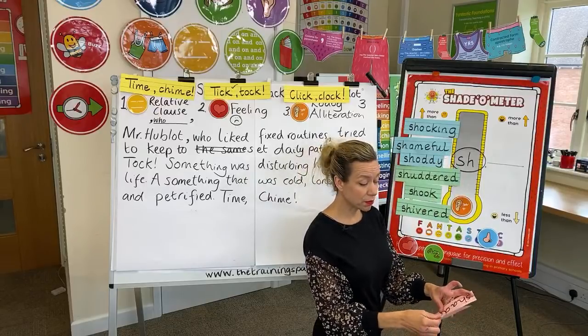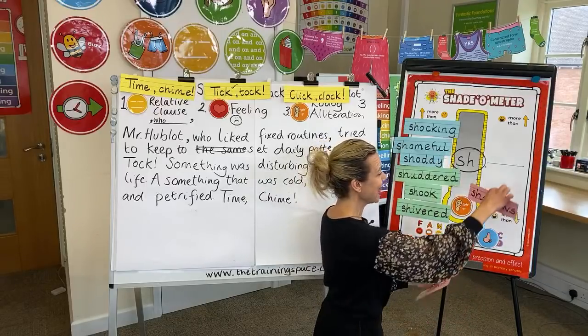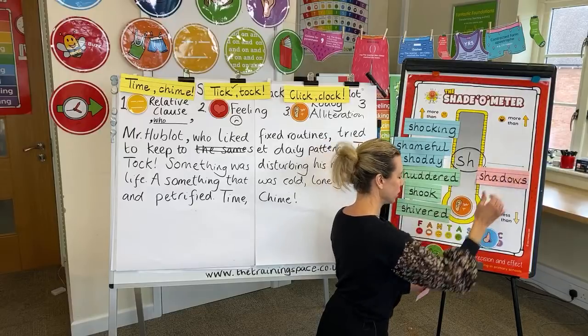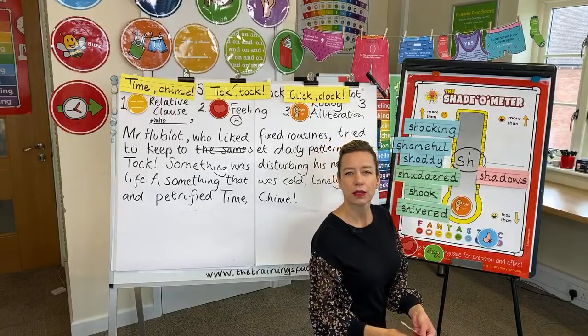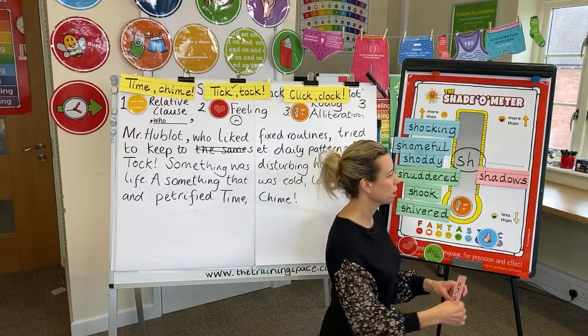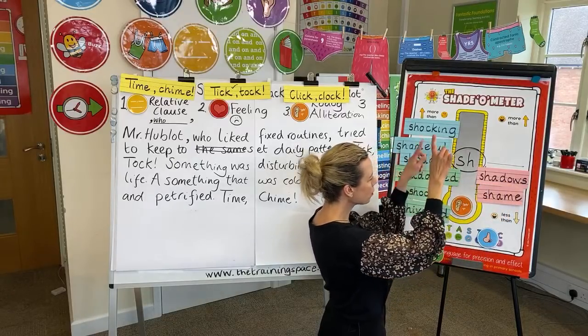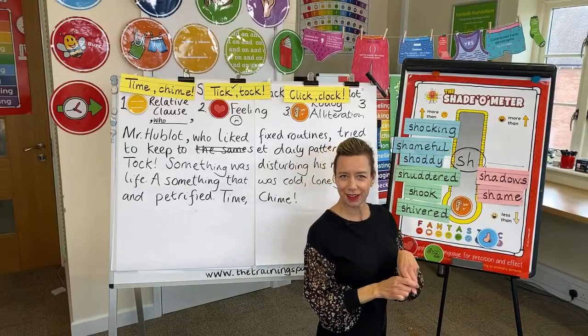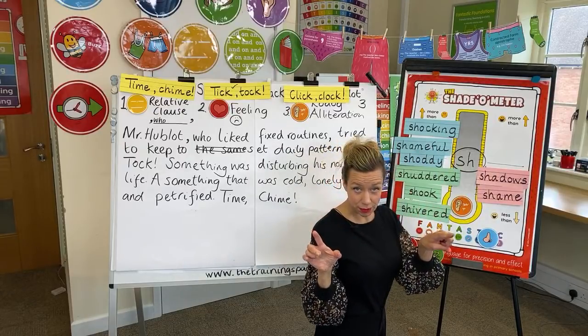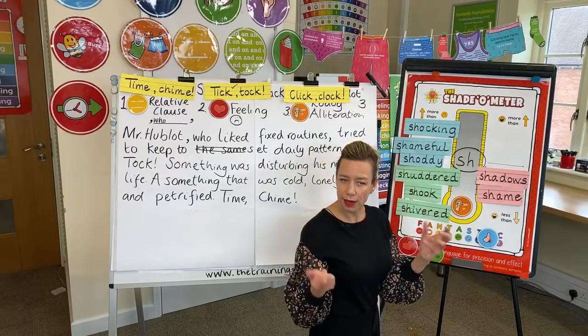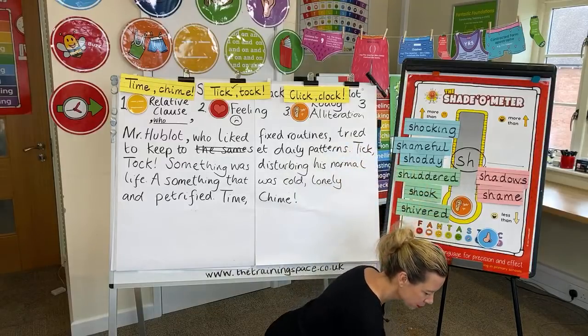Have a look at some of these words, these nouns, like shadows and shame. That could be a really good word bank to help us build a strong alliterative sentence.